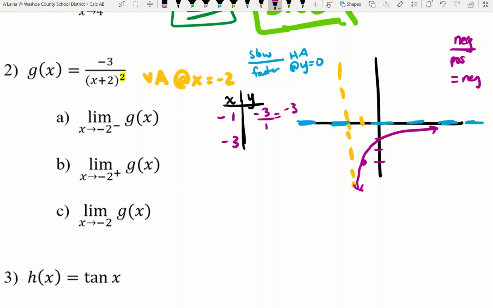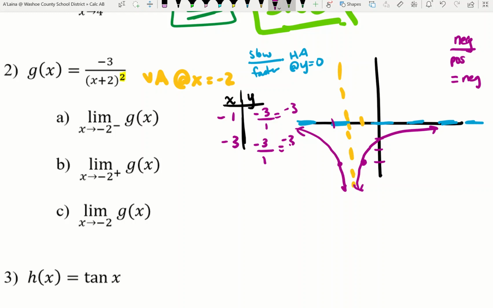And if I test -3, I have -3 over -1 quantity squared, and -1 times itself would revert back to a +1, and after I divide, end up back to -3 again. And so my suspicion about these both being below the x-axis was correct, and there's my graph.